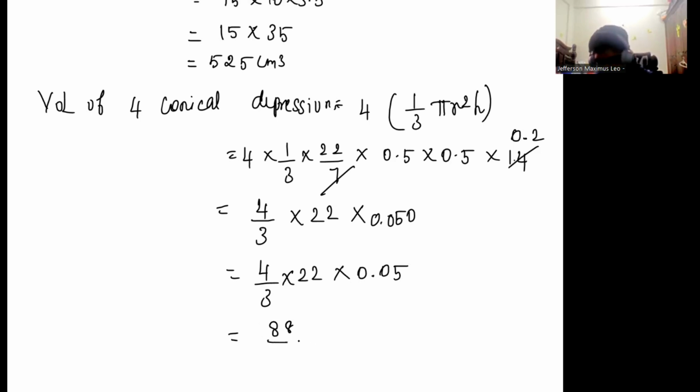That is 88/3 times 0.05. Just multiply the numerators and divide by 3.